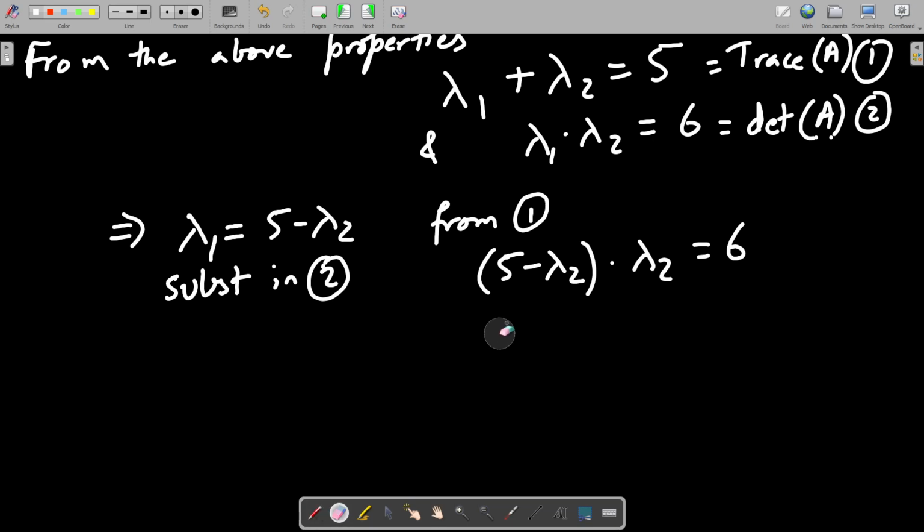So this will leave me with 5 lambda 2 minus lambda 2 squared is equal to 6.